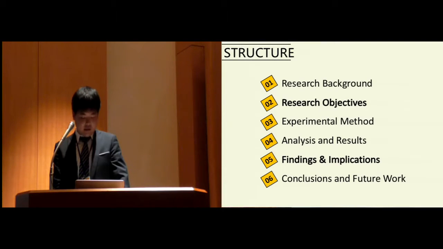To evaluate the new technique, he designed and conducted an experiment. Next, we present the analysis and results of the experiment. Then we summarize the findings and the implications based on the results, and draw some conclusions and future work.